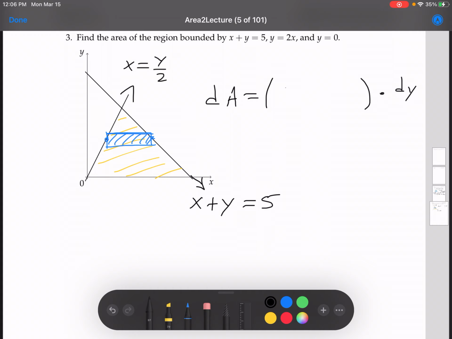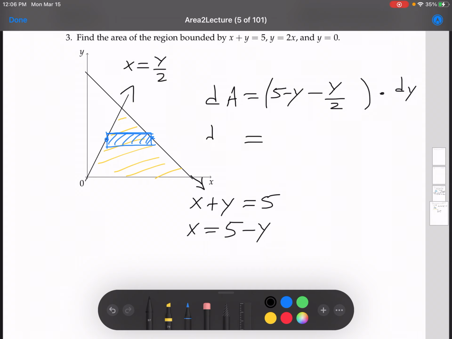And solving for x here, we get x is equal to 5 minus y. And remember, we want right minus left. So the rightmost function is 5 minus y, minus the left, y over 2.